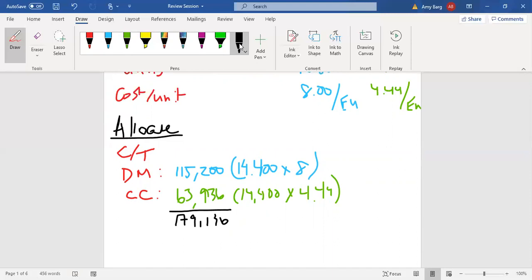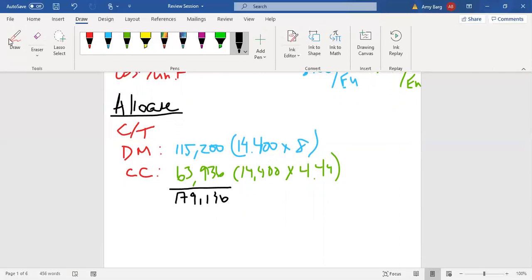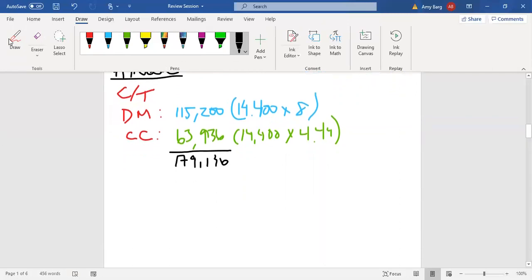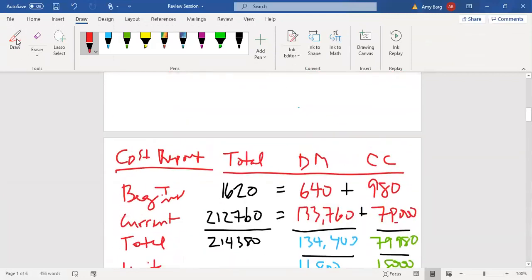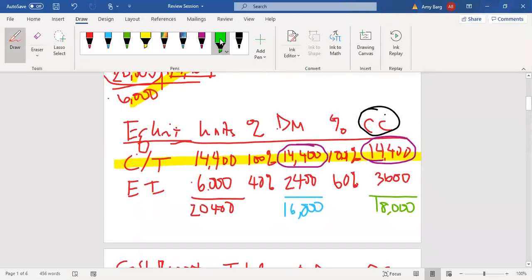And we can do the same thing for what's in ending inventory. So for ending inventory for direct materials and conversion costs, we do this line up here, instead of that top line. Now we're paying attention to this line.